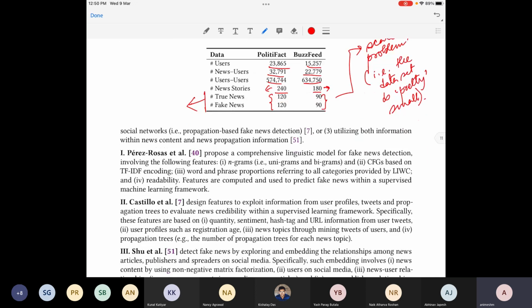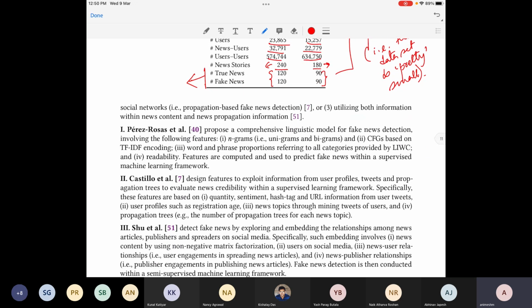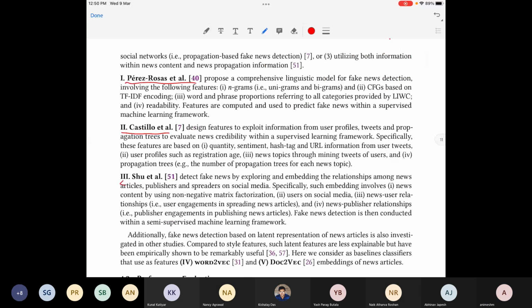And as you understand, in any such study, there has to be a lot of baselines. The authors also looked into some of the earlier baselines, which used some subset of the different features that the authors introduced here. Like some of them would use some readability features, some of them would use a mix and match of the quantity, sentiment, etc. type of features.